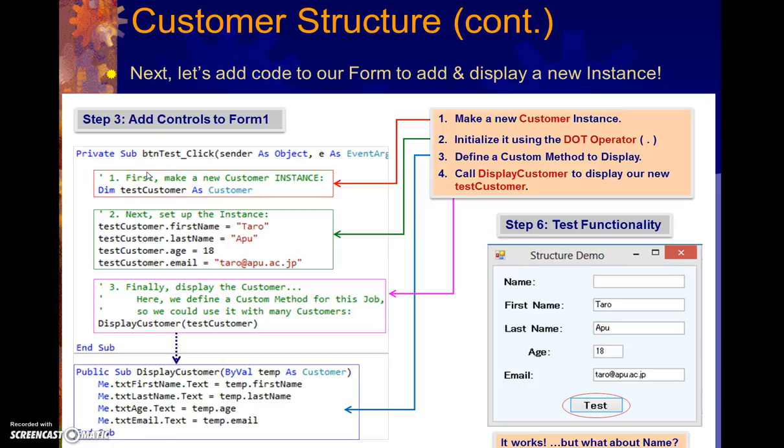It's just the name of the variable, the first example, rather, of our customer. So now if you want to give your new customer a first name, this is how you do it. You already created, or declared rather, your testCustomer, and now you say testCustomer.FirstName.